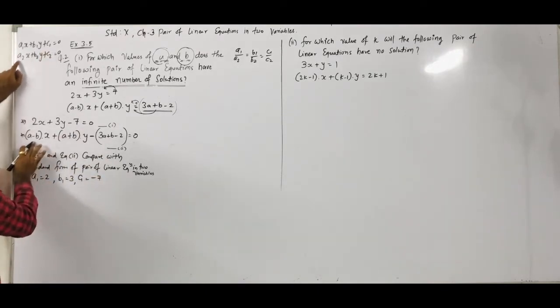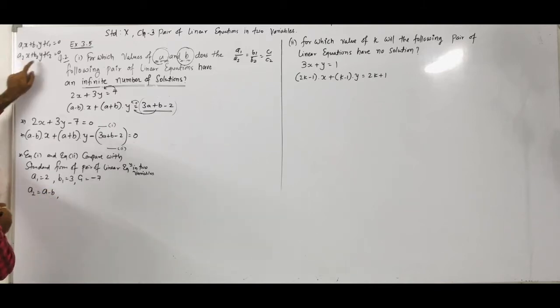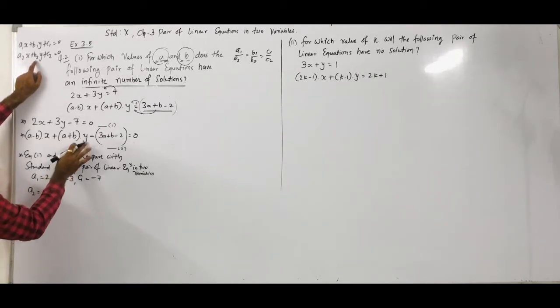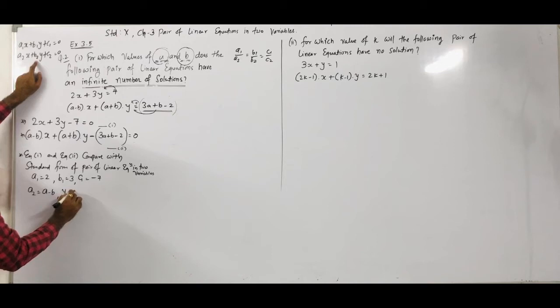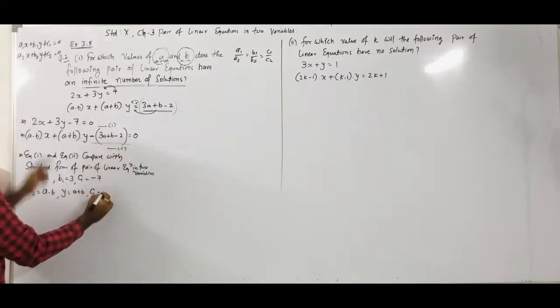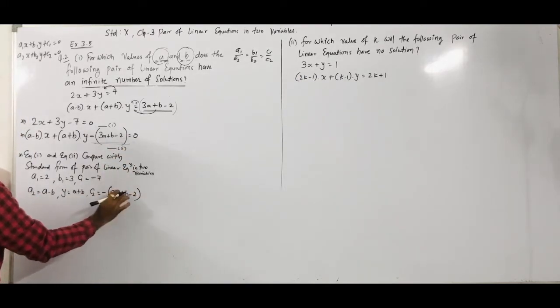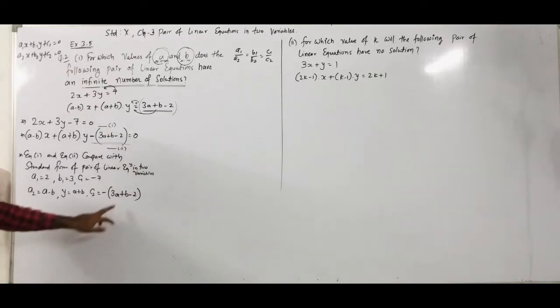Now for the second equation, the x coefficient a2 is a minus b. The y coefficient b2 is a plus b. And the c2 value is the whole term, minus (3a plus b minus 2). This is our c2 term.